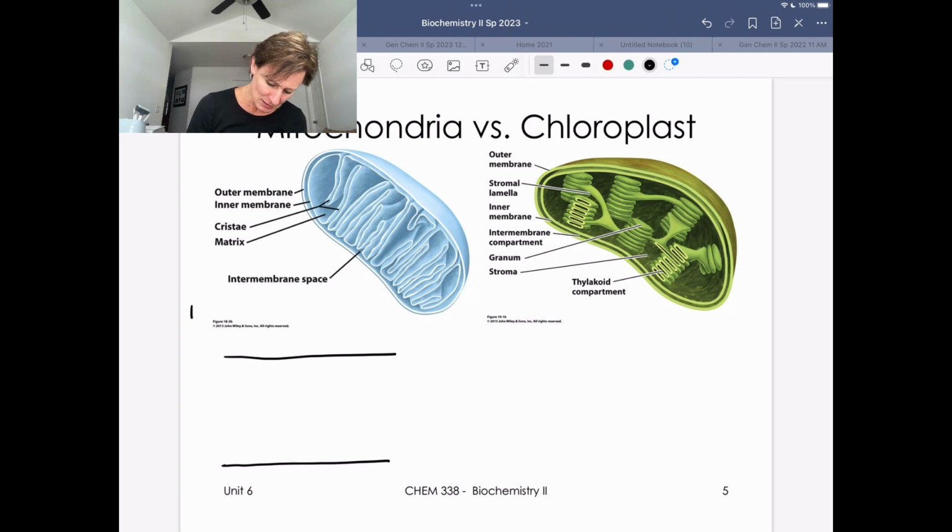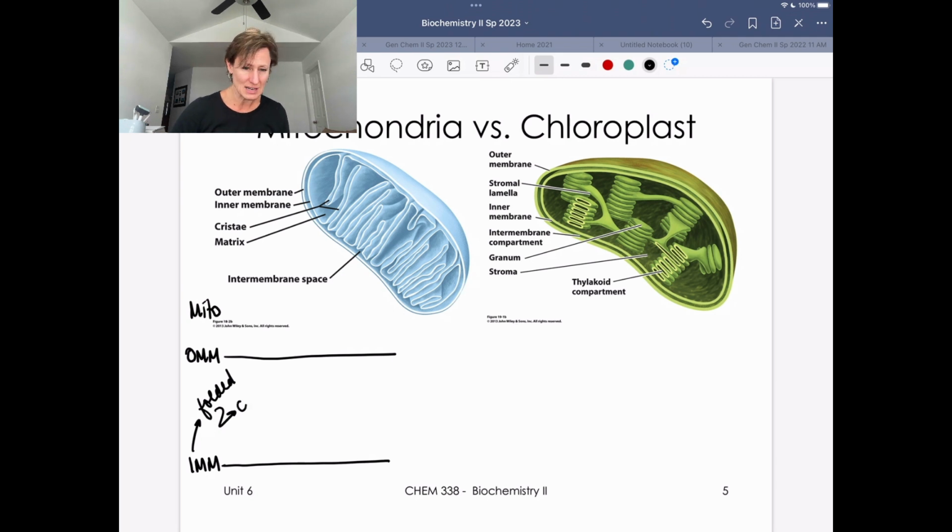But as we're talking about the mitochondria here, we've got the outer mitochondrial membrane, the inner mitochondrial membrane. And I don't know if we mentioned this when we were doing our anatomy of mitochondria, but just reviewing or introducing if we didn't: this inner mitochondrial membrane is highly folded to create structures that we call cristae.